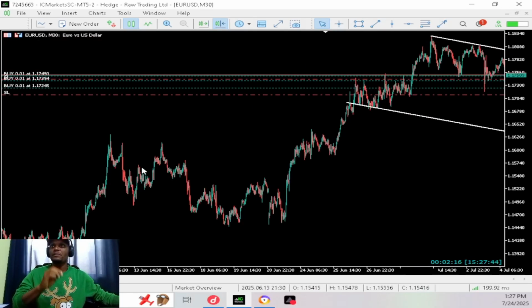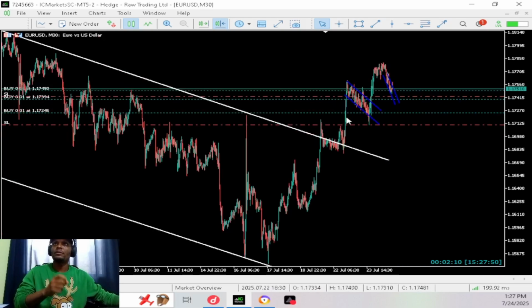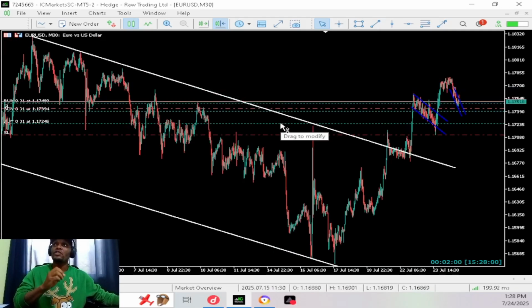Then from the end of June, beginning of July, right up to the 17th of July, we experienced a significant drawdown on Euro USD. That means the euro has lost its strength against the United States dollar, and now we are looking for a possible buyback on this market.